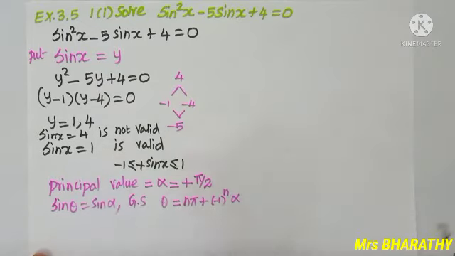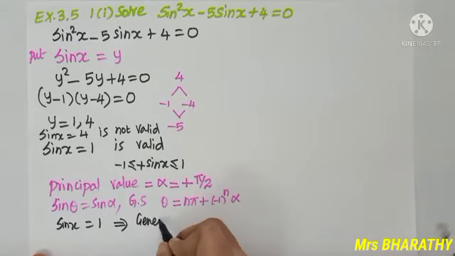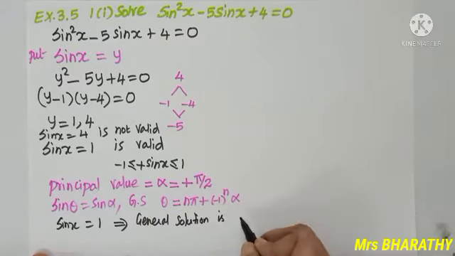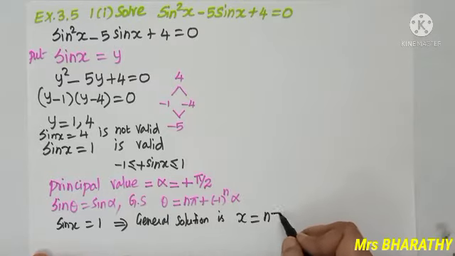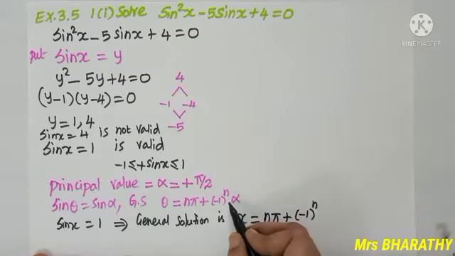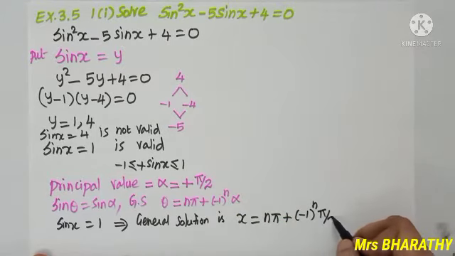Theta is x. So I will write sin x equal to 1 implies the general solution is x is equal to n pi plus minus 1 power n, in the place of alpha, I will write pi by 2.